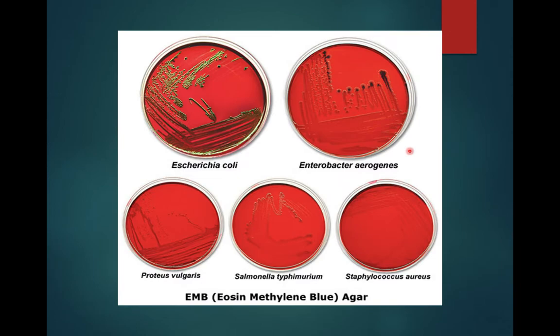Here are some examples and visualizations of those. You expect that a truly negative non-coliform is almost colorless, with no appreciable color in the colony, very transparent compared to the coliforms, fecal and total.